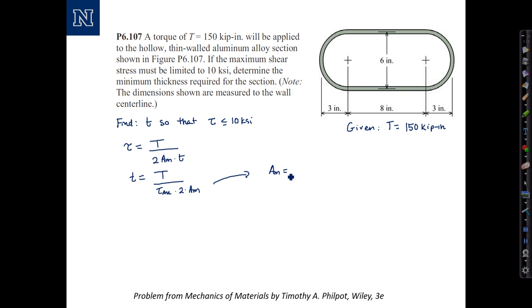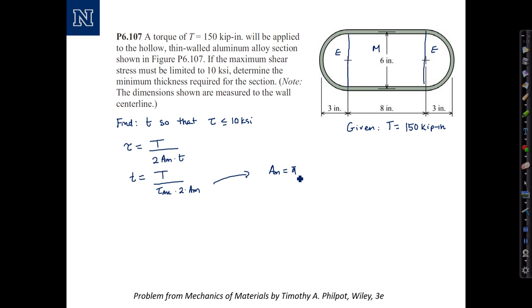Area to the midline equals. Now notice as I look at this section, I can break it up into two pieces. The ends, which form a circle, and then the middle, which is basically a rectangle of 6 inches by 8 inches. Our circle has a radius of 3 inches.